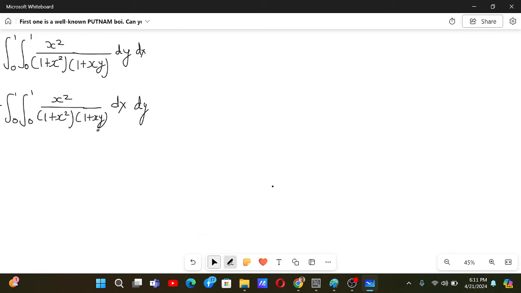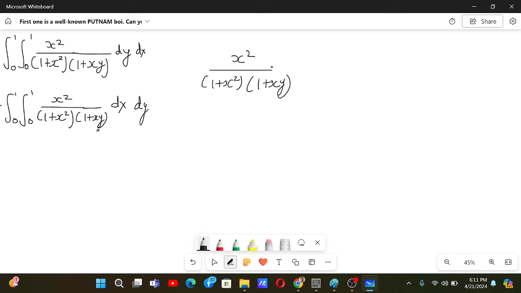So we basically have x squared by (1 plus x squared)(1 plus xy), and this is basically (ax plus b) by 1 plus x squared, and then since here is just an x and a constant, we just have a constant as well here, c by 1 plus xy.